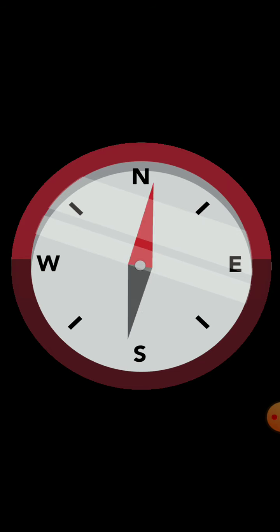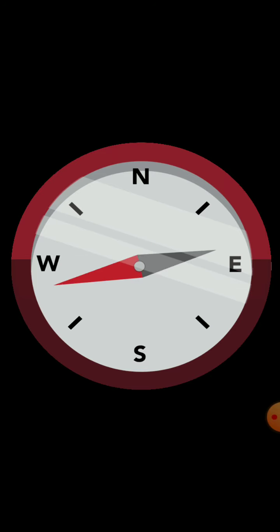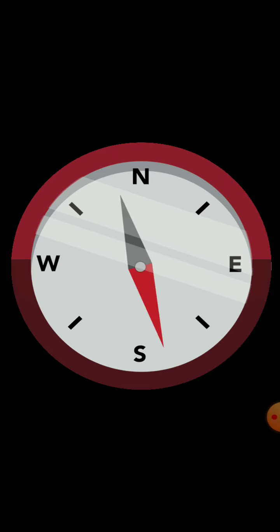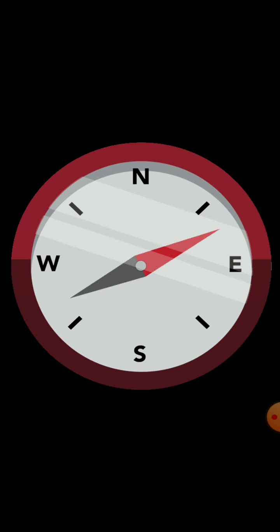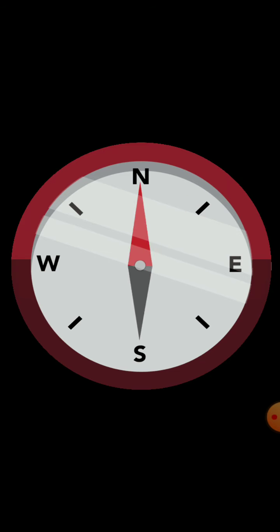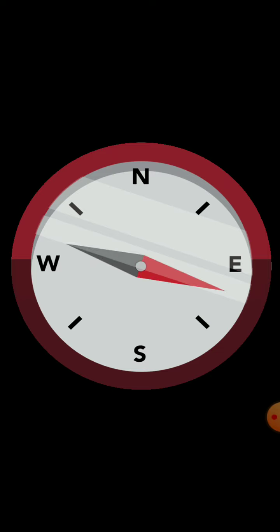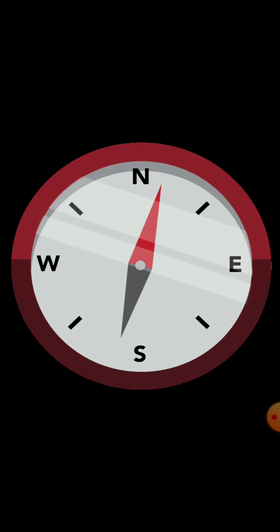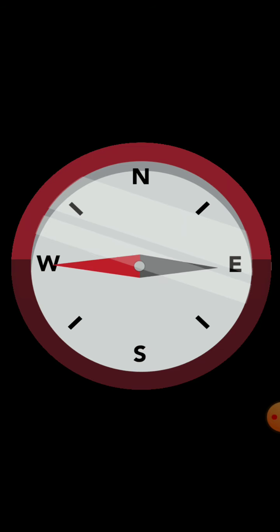So if the current is increased, the magnetic field also increases, and when the magnetic field increases, it shows increased deflection in the needle of the compass. So remember, if the current increases, the magnetic field increases, and if the magnetic field increases, the deflection of the needle increases.